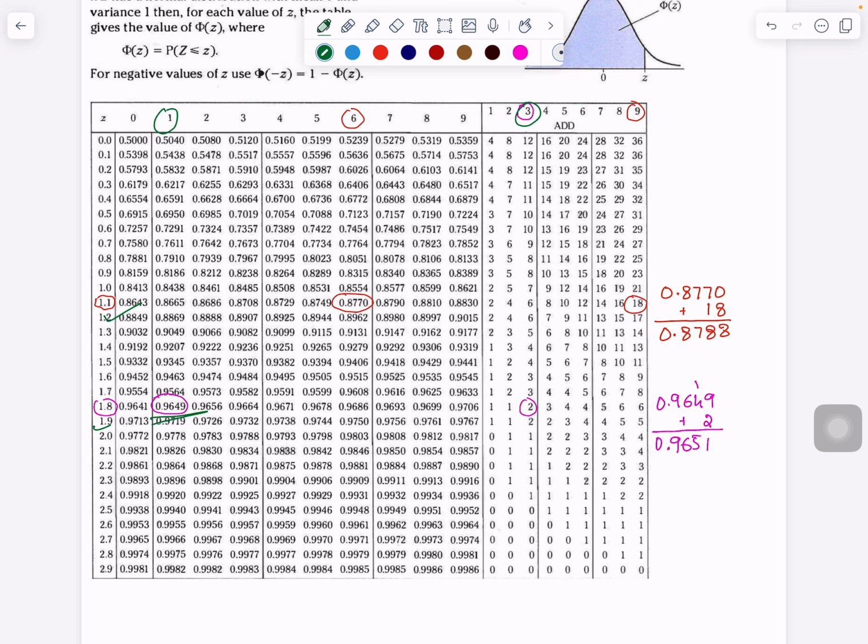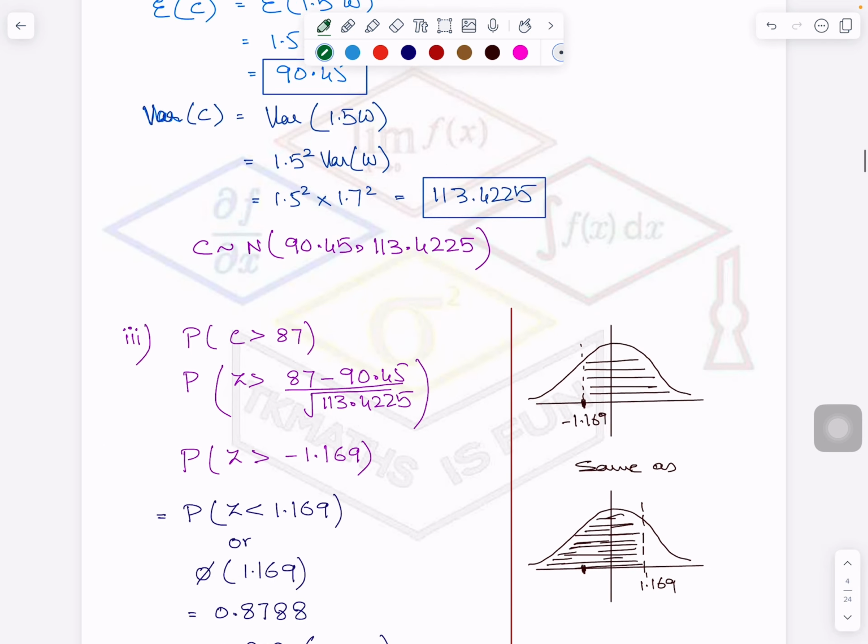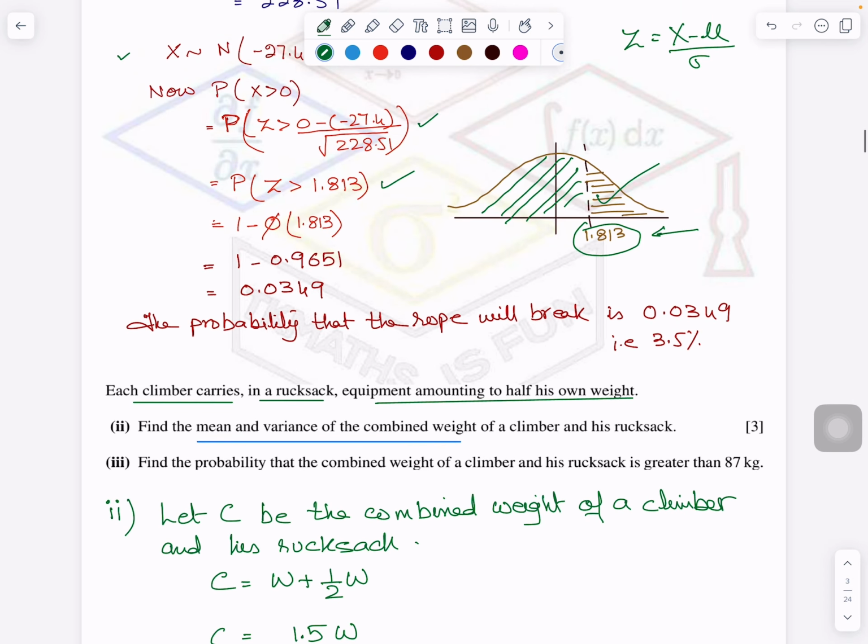So I got this, and I am adding it up. So it is 0.9651. This is what I have written here, 0.9651, and subtracting it from 1. So the probability that the rope will break is 3.5%, or you can write 0.0349. By the way, because we give answers in 3 significant figures, I should have written here 3.49%.